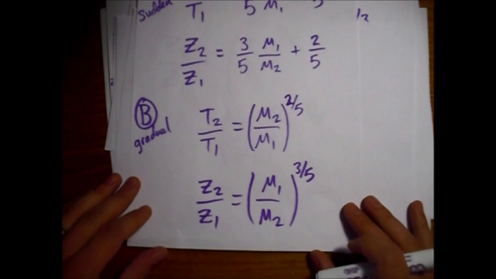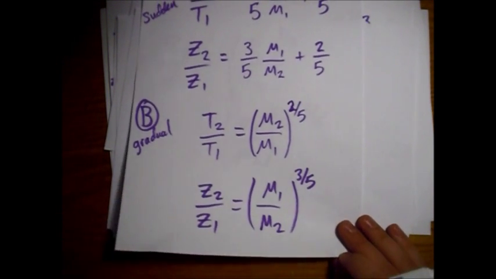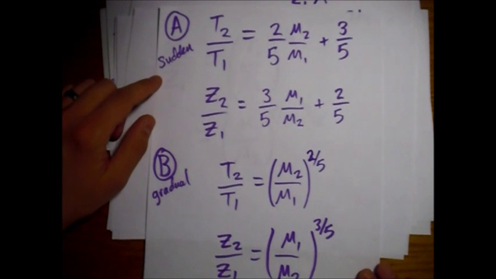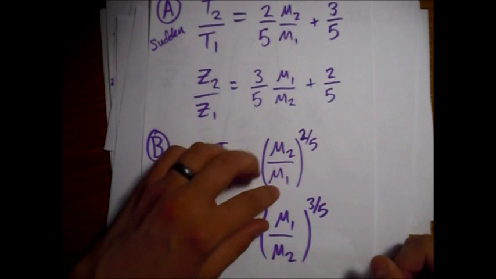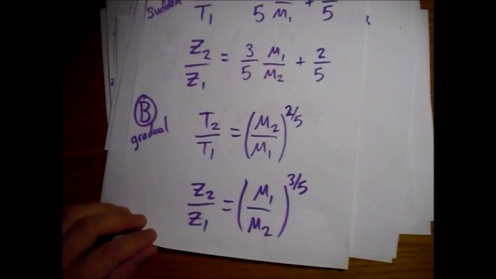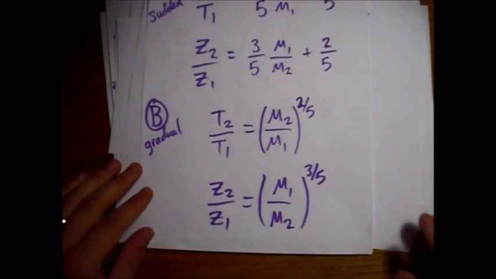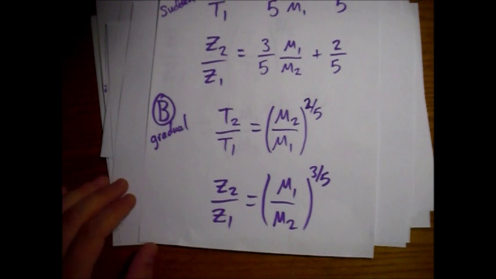But you can see the difference in the situation when we have a sudden replacement of M1 with M2 versus a very gradual one, where we very gradually take mass off. And these ought to be general, whether or not M1 or M2 is greater. So we went with a case where M2 is less than M1, but it should be just equally applicable to a case where M2 is greater than M1.